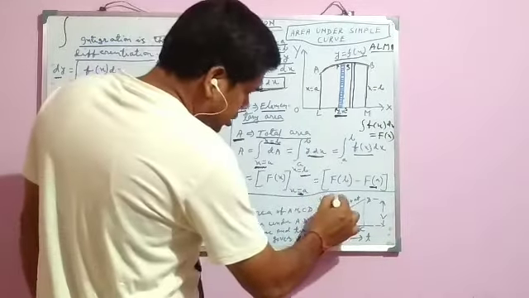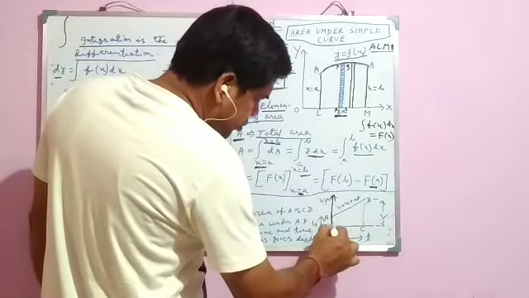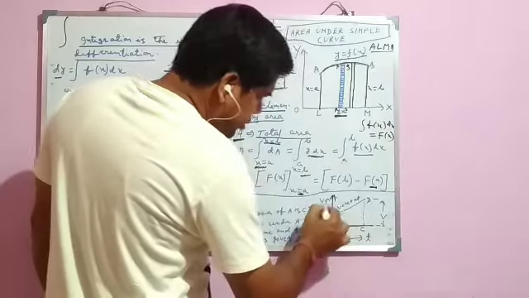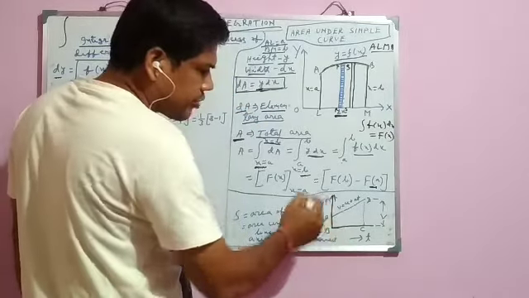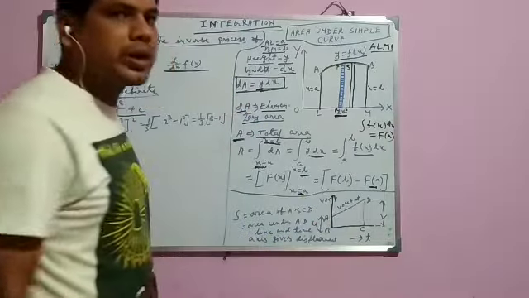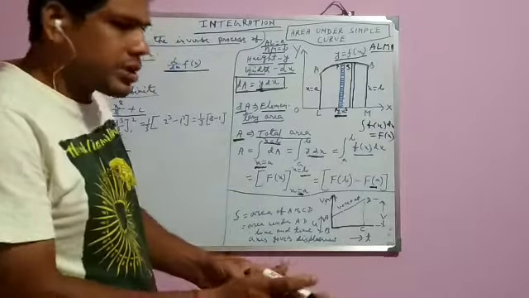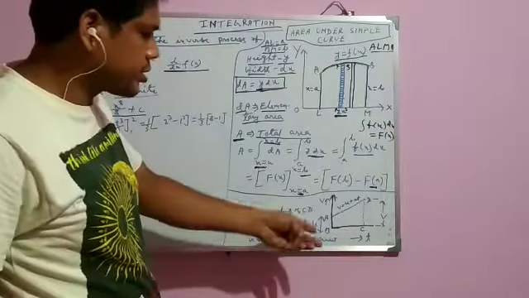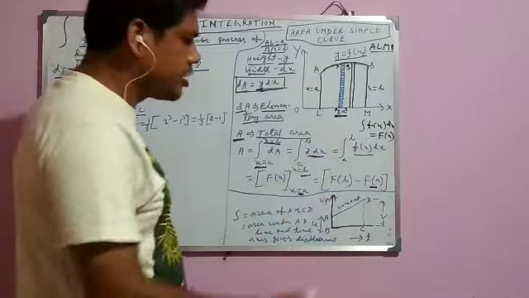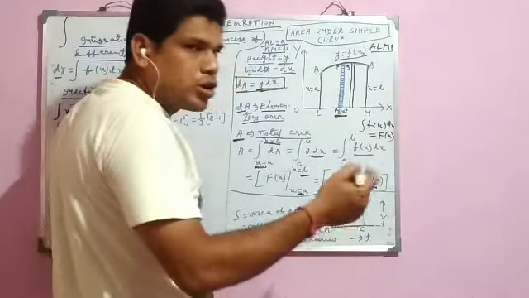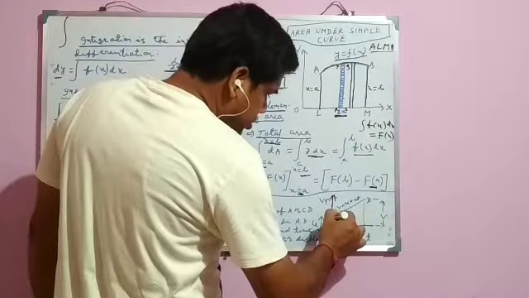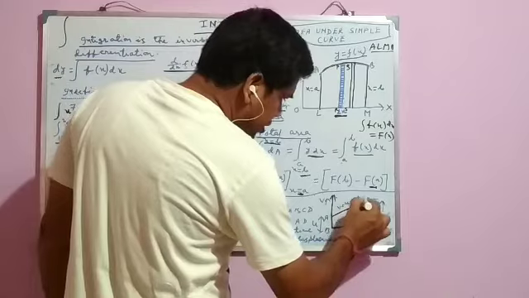Now in physics, how do we find area? If we draw along the y-axis velocity and along the x-axis time, the x-axis acts as the time axis and the y-axis acts as the velocity axis. If we plot v equals u plus at, you get a straight line like this.